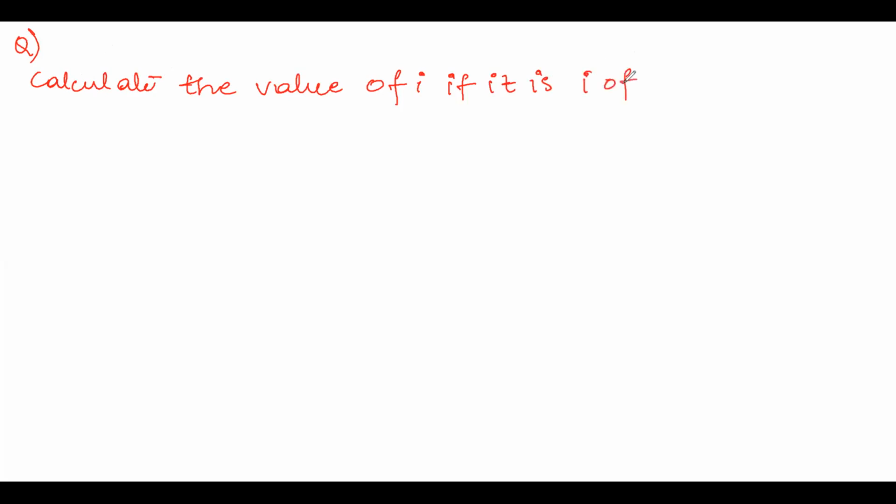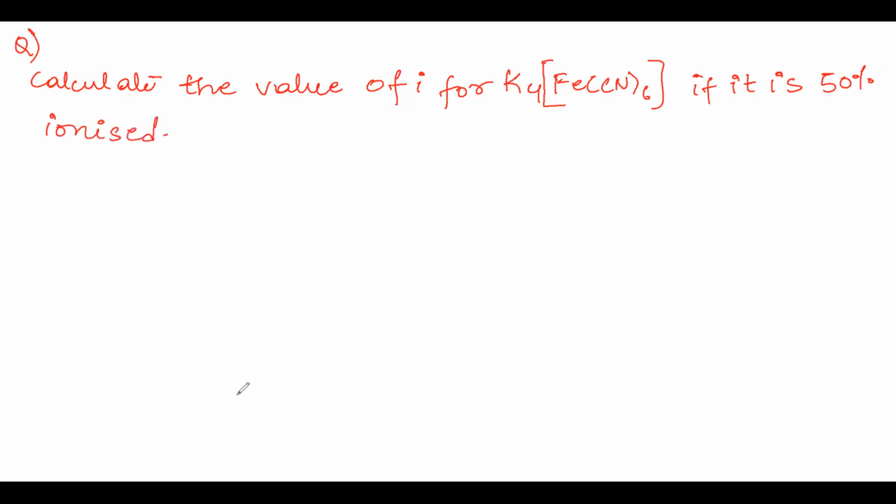Next, calculate the value of i for potassium ferrocyanide, K4Fe(CN)6, a complex compound, if it is 50% ionized. 50% ionized means the percentage of dissociation is given.